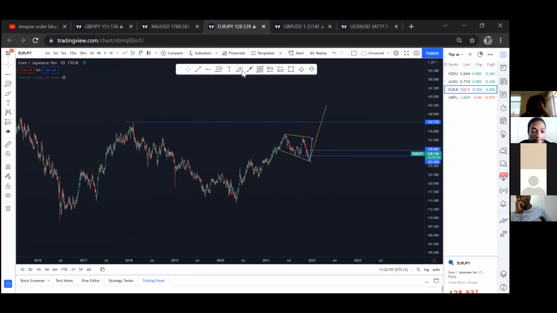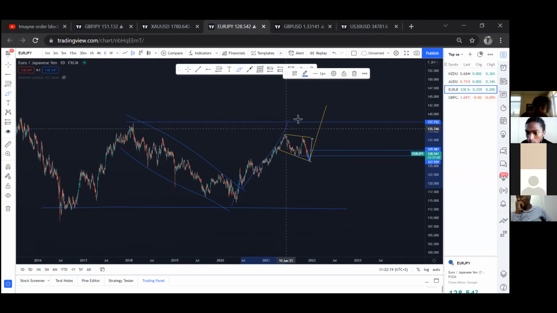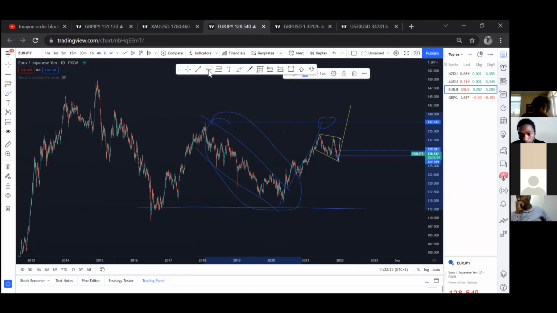You can see that in the overall direction, we did print a double bottom formation as well here, even though it's not so clear. But you can literally see that price was forming this descending nature, broke above it, came for some sort of retest, and now is pushing to complete the 90% rule of this overall structure here. There's still more potential, guys, to the upside.